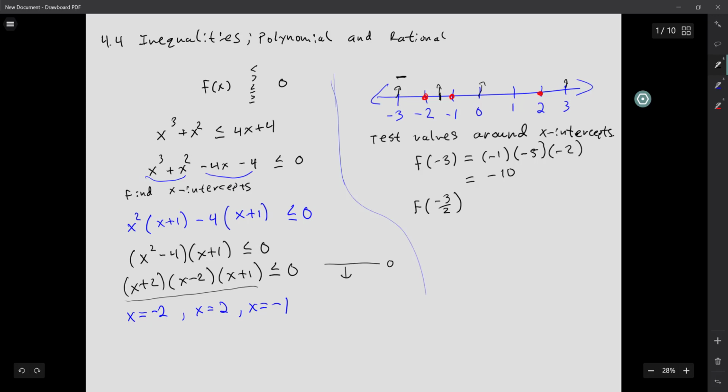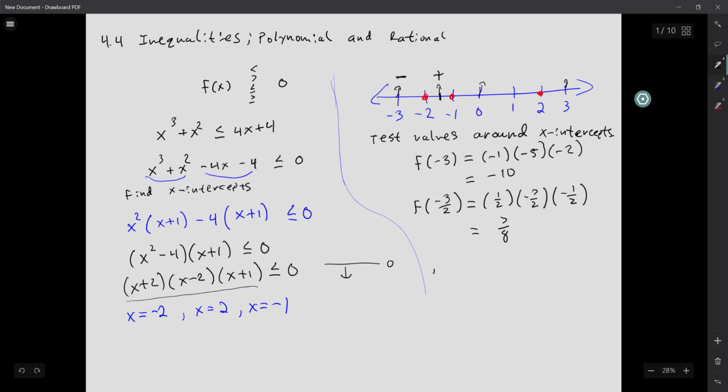That's going to be that point that's right halfway in between -1 and -2. If I add 2 to that, I will get 1/2. If I subtract 2 from that, I will get -7/2. And if I add 1 to that, I will get -1/2. And if I multiply all these together, I get a positive number, 7/8. But I just really care that it's a positive number.